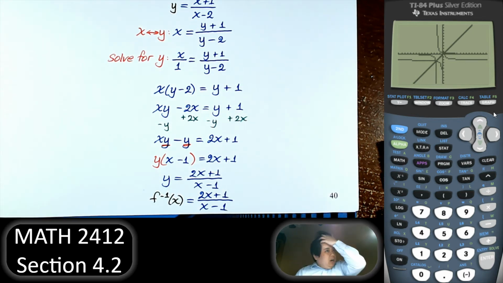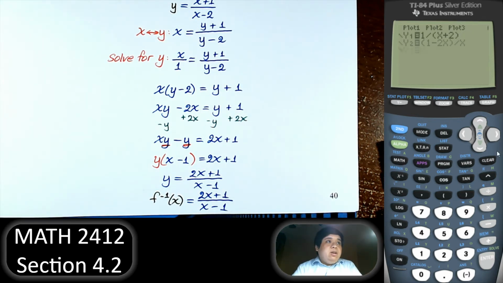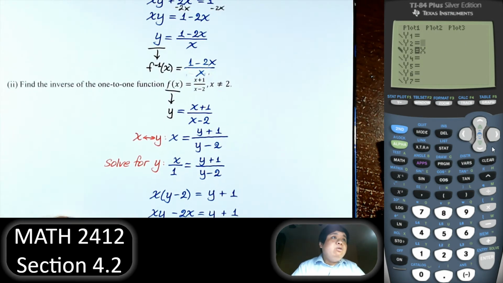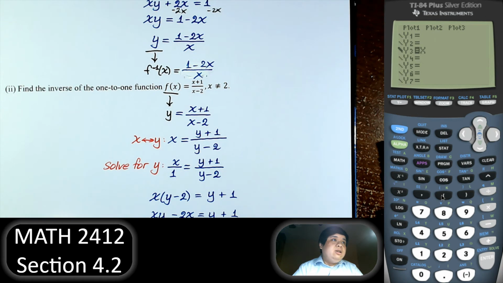Right. If we want to, we can use the graph to verify it, to see if they are symmetric. First one is x plus 1 divided by x minus 2.